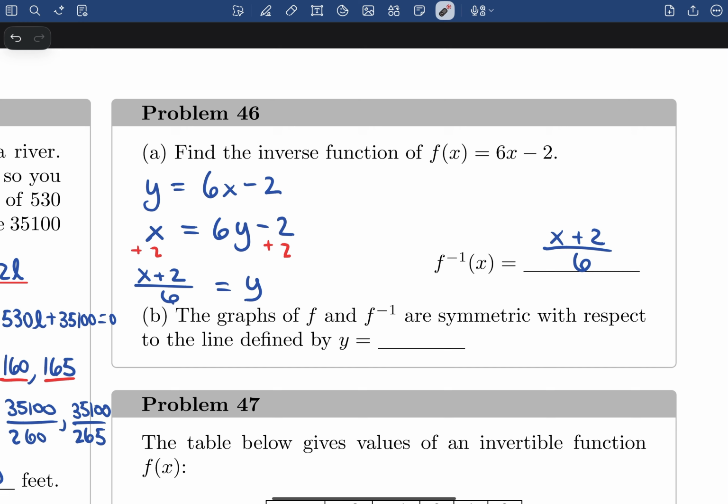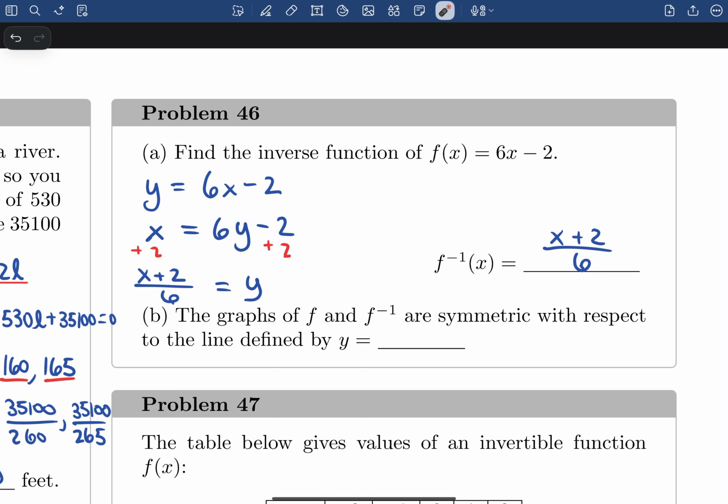In the original function, f of x equals 6x minus 2, x had a minus 2. So in the inverse function, it should have a plus 2, the opposite operation. Yep, it does. And in the original function, 6 was multiplying x. The inverse of multiplying by 6 is dividing by 6. So it looks like this is the inverse function.